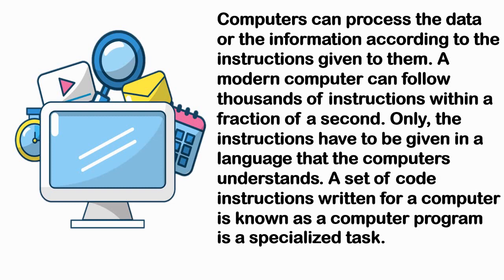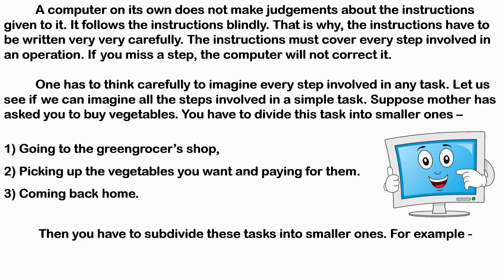A computer on its own does not make any judgment about the instructions given to it. Now here the computer does not make any judgment because it is a machine, but it only follows the instructions given to it. It follows the instructions blindly. Now here the computer follows the instructions blindly because it cannot think like you and me.